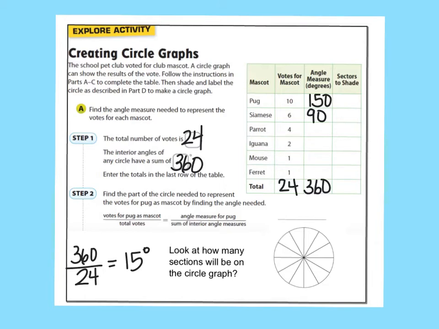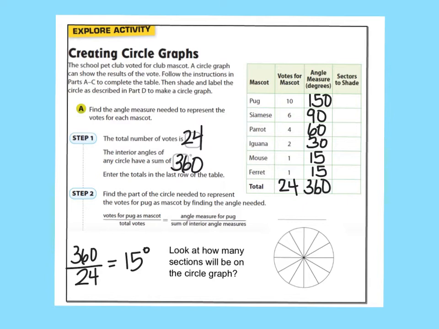A parrot, 4 votes, 15 degrees each, so that's 60 degrees. Iguana had 2 votes. Each vote is worth 15 degrees, so that would be 30 degrees. A mouse had 1 vote, so that would be 15 degrees. And a ferret had 1 vote, so that's 15 degrees as well.